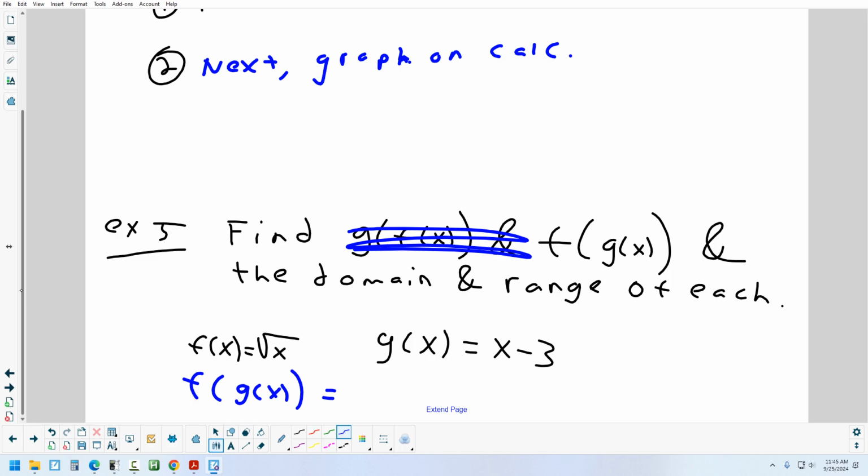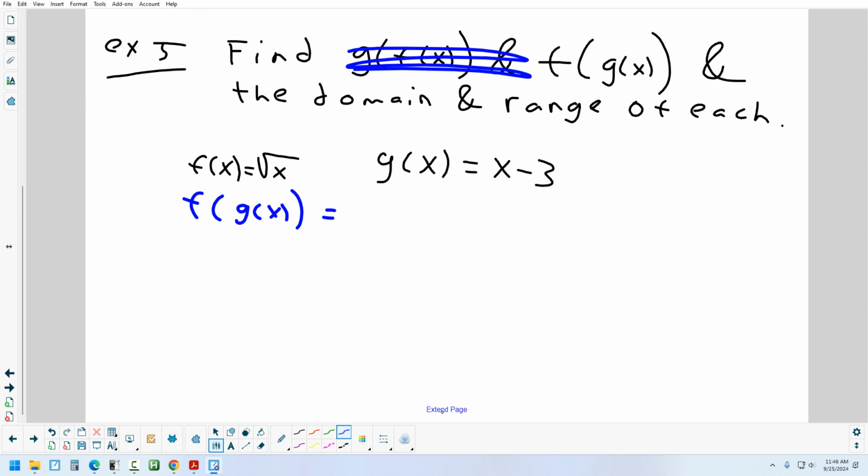G of x. Yep, and what does it tell me g of x is? X minus 3. Yes. So we're going to replace the inside function, g of x, that's its name, with what it actually is, x minus 3.